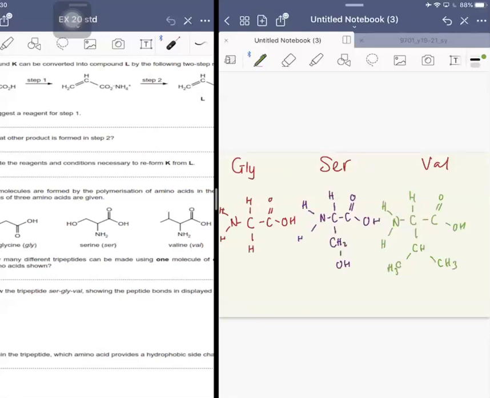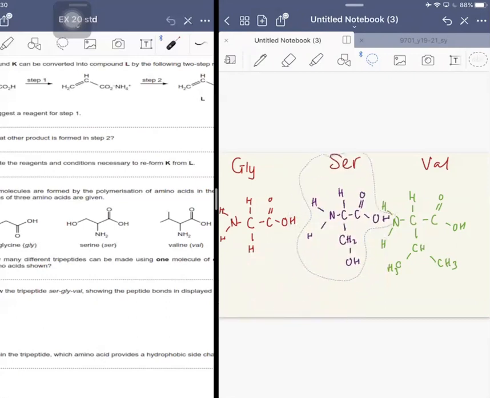Right, they want you to draw serine, glycine, valine. So I just have to move serine, how do I do this?